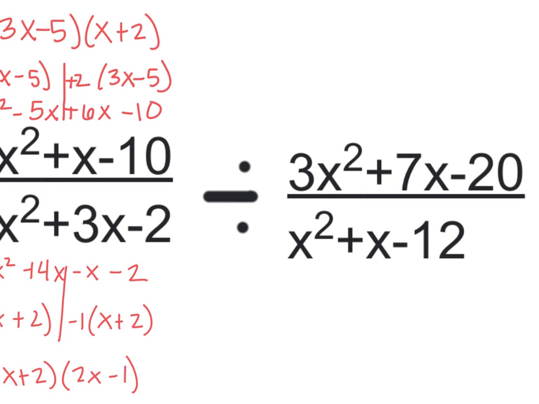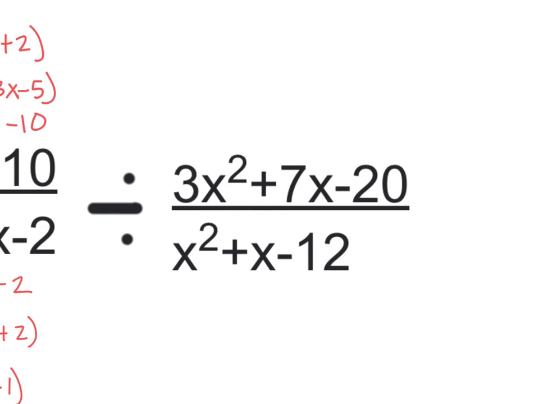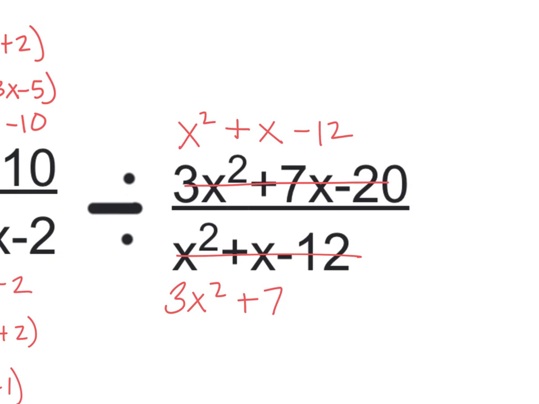Now I need to go over here to my second. Now, when I divide, remember, the top becomes the bottom, and the bottom becomes the top. So this becomes x squared plus x minus 12, and this becomes 3x squared plus 7x minus 20.